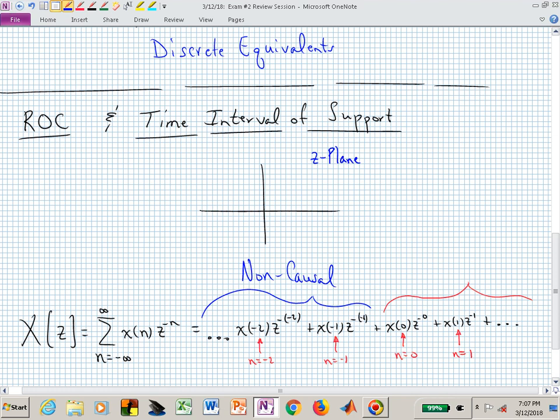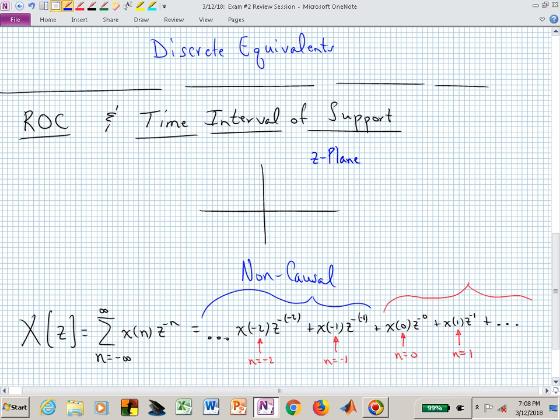So here I would say, what values of z can I tolerate and still have this non-causal section of my series be bounded? So here I have x of minus 2 times z squared, x of minus 1 z. I can't have a really big z. I can't have z going off to infinity, but I can have something shrinking all the way down to 0.